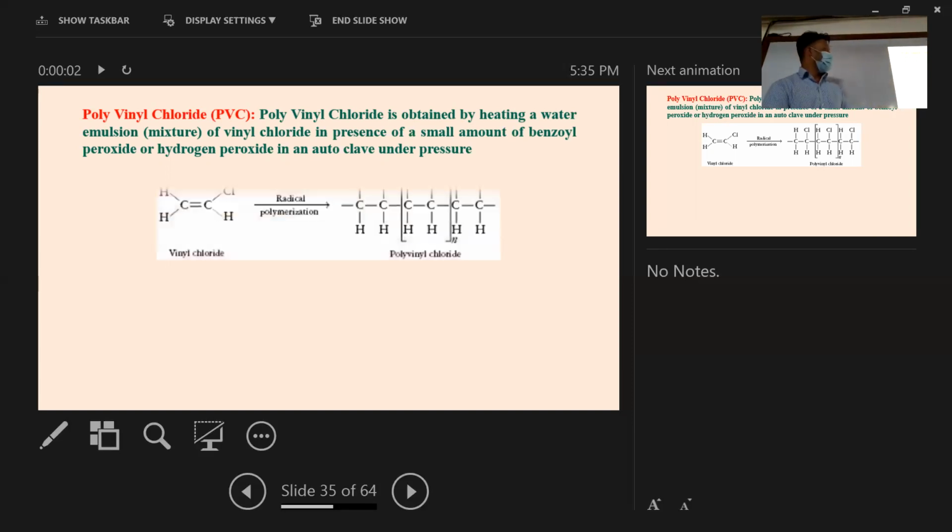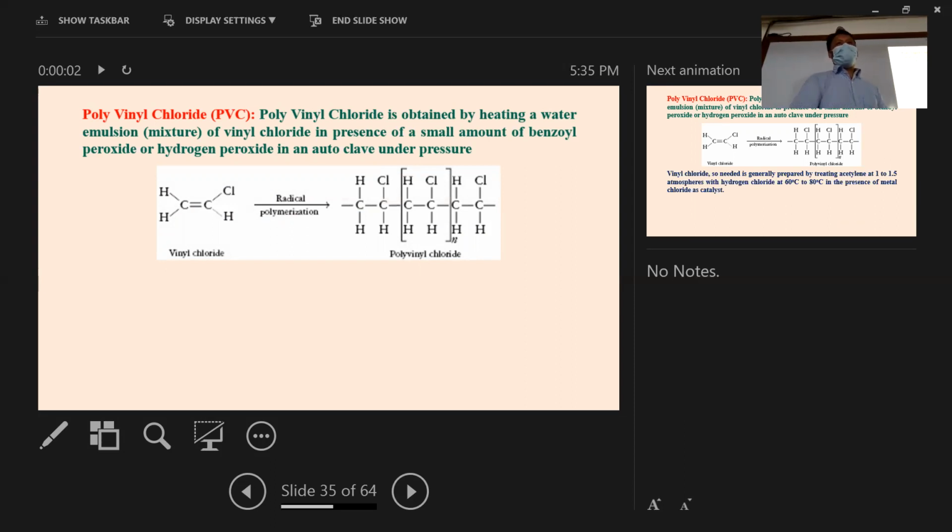If you cannot, this is the vinyl chloride. So simple. If I say this is 1-chloroethene, then you can say. But this is another name, common name or trivial name. Sometimes we call it a pet name. Some of you may have a pet name.